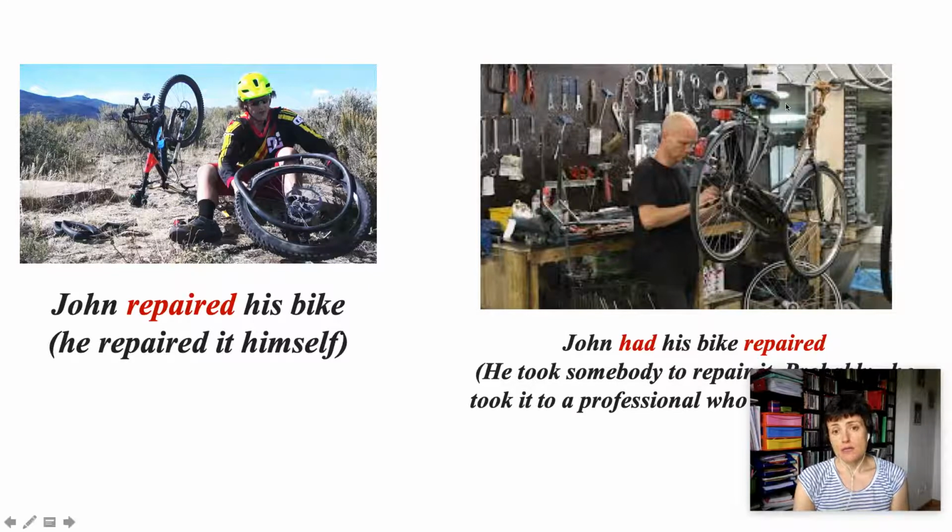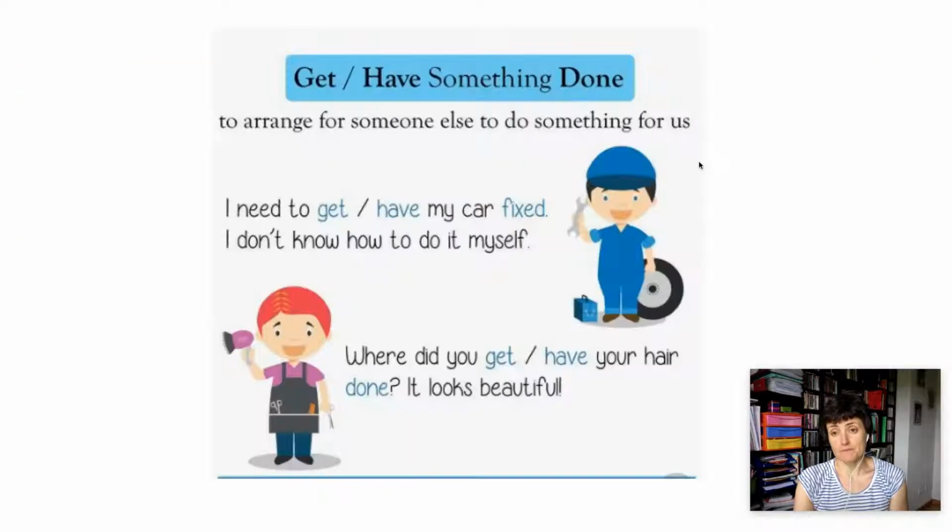But he can wait, maybe, or after when he returns home, he can go to a mechanic and say, I had this problem with my bike, can you fix it? So if he does that, John will have his bike repaired by a professional.